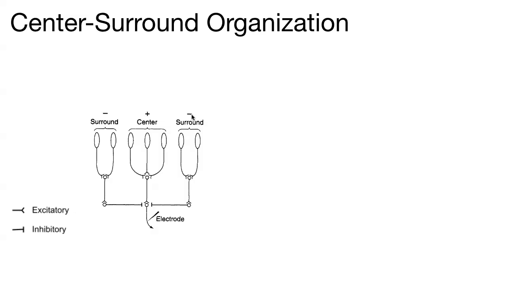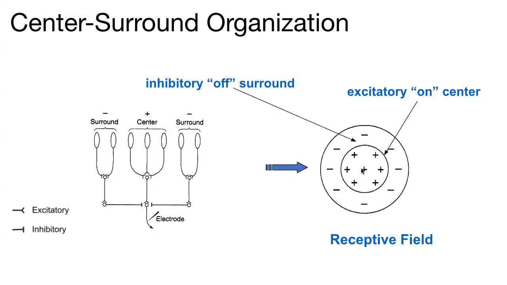So if I wanted a behavior from this unit that would be really active if light was in the center, and would not be active if light was in the surround, I could connect that kit this way.